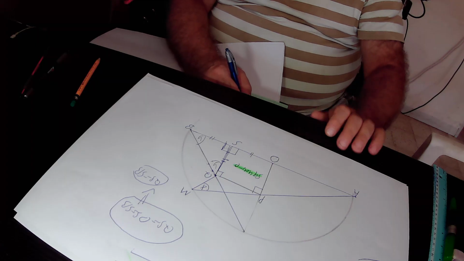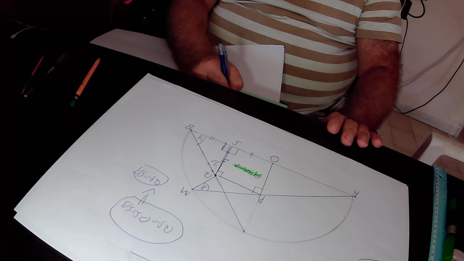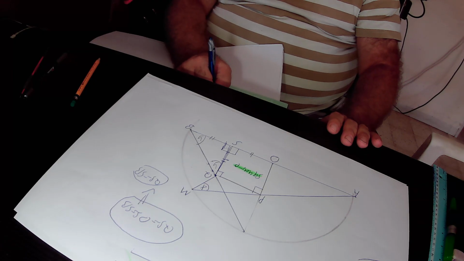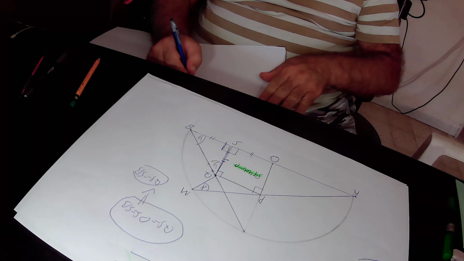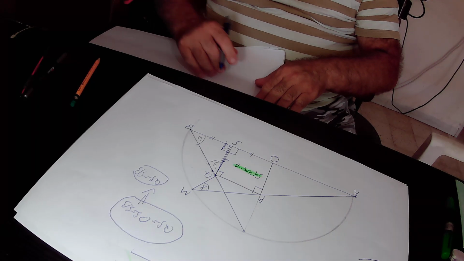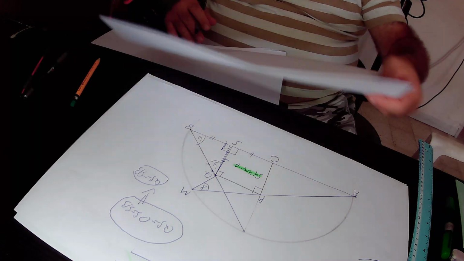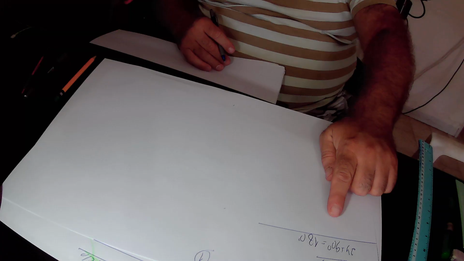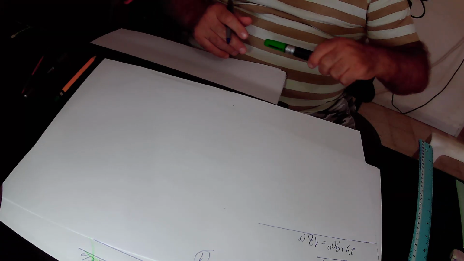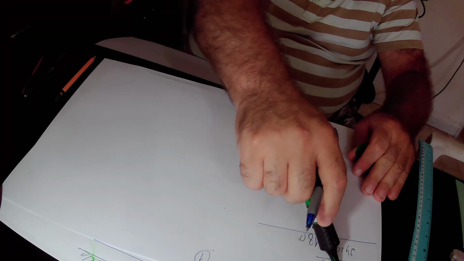So 2y plus 90 degrees, in total it must be equal to 180 degrees. In the triangle QSB, the sum of the angles must be equal to 180 degrees. That is to say, 2y plus 90 degrees must be equal to 180 degrees.